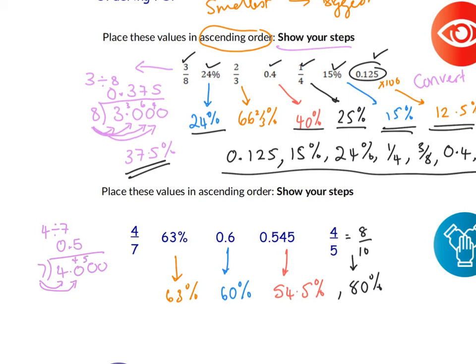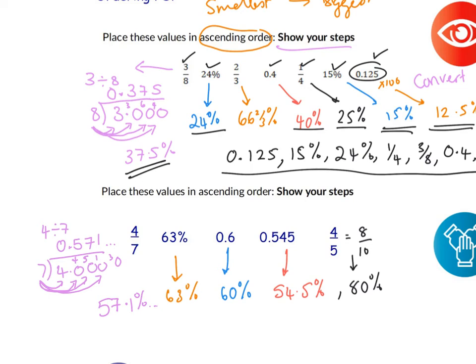So that's going to give me 5 left over. 7 into 50 will go 7 times to give me 49. 1 left over. And then 7 into 10 will go 1 with 3 left over. I don't need to carry on because I can then put that into my percentage just to be able to compare.